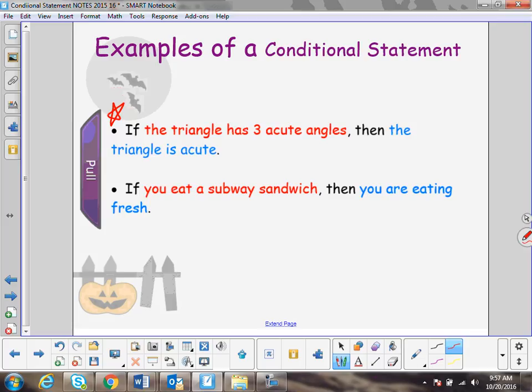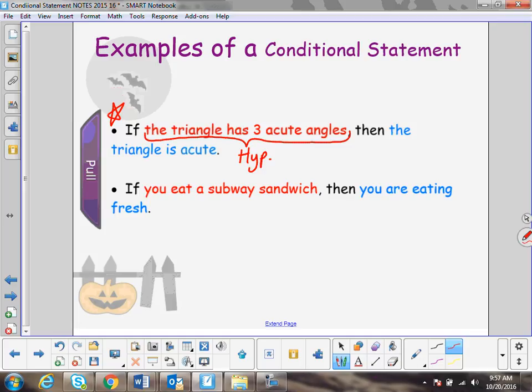Anyways, the red parts, both of them highlighted, those are the hypotheses. So I know you want to write that down somewhere from here to here. Notice it doesn't include if. That's your hypothesis. And then the blue parts, those are your conclusions.